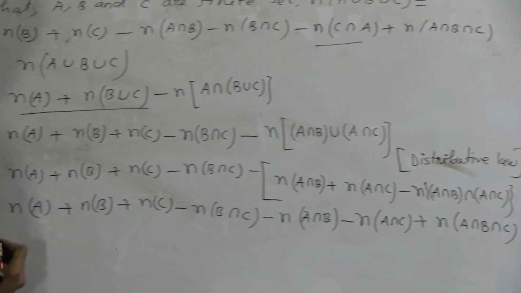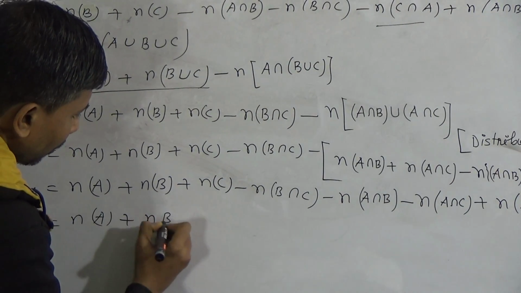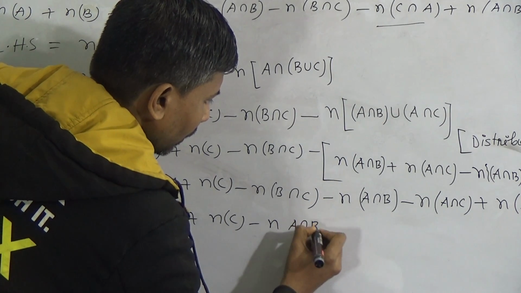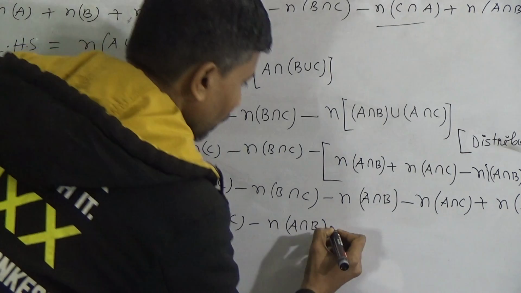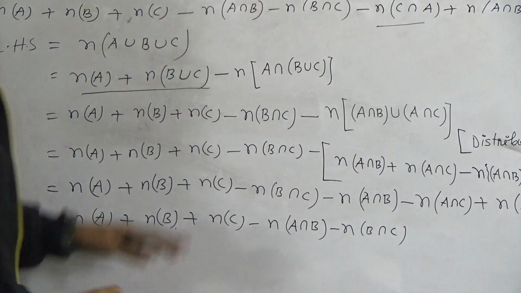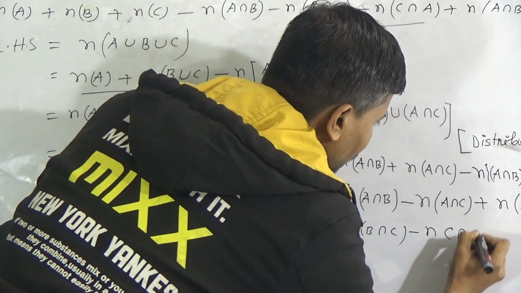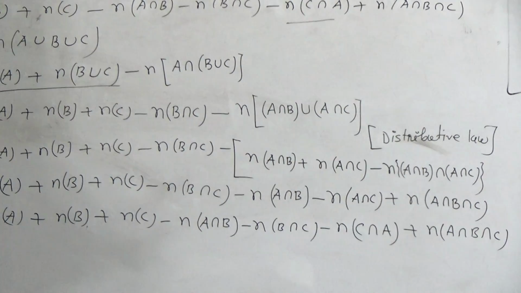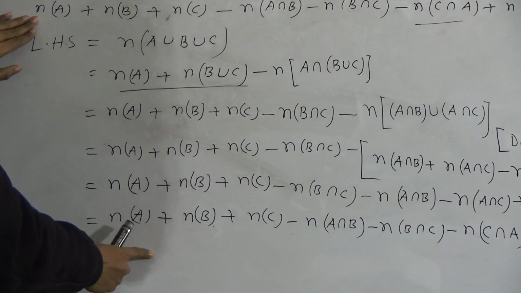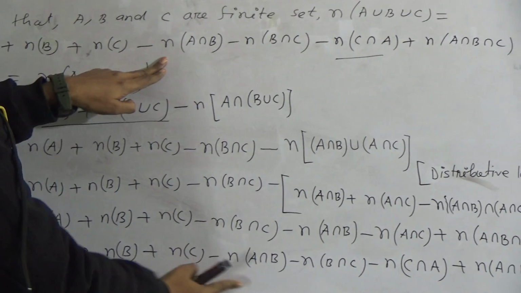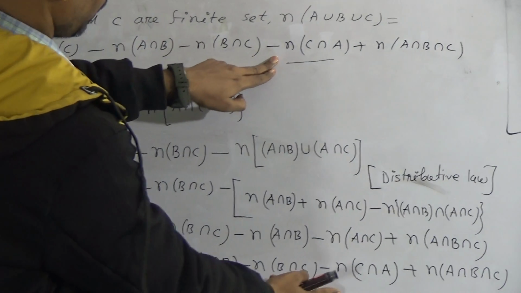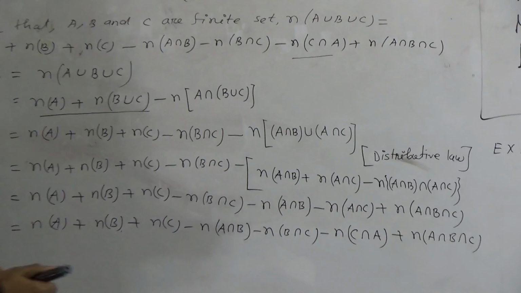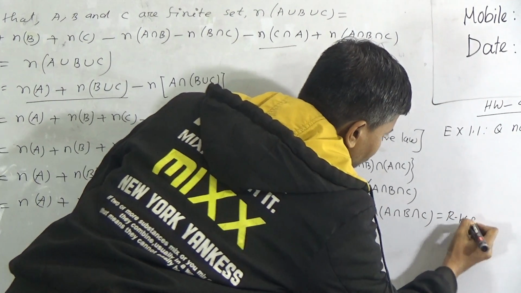So we can write like this: number of A plus number of B plus number of C minus number of A intersection B according to the proof, then minus number of B intersection C, then minus number of C intersection A plus number of A intersection B intersection C. That means the left hand side is equal to the right hand side.